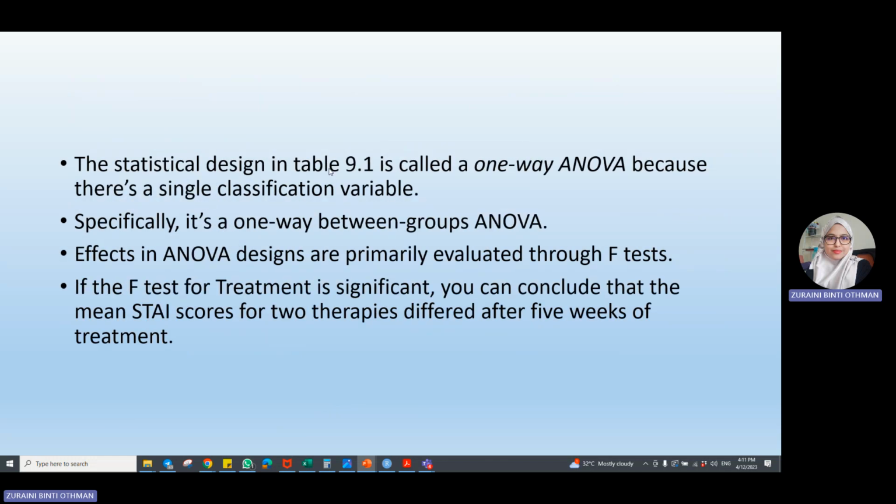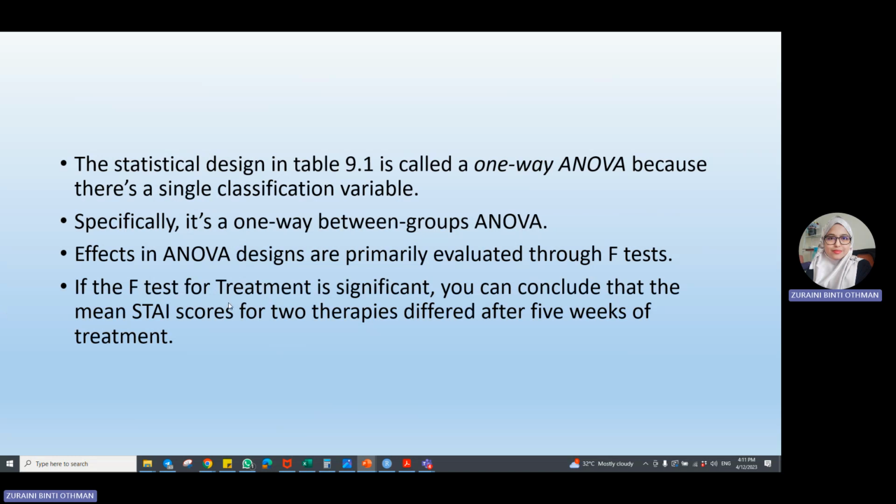Here, table 9.1 is called a one-way ANOVA because there is a single classification variable. Specifically, it is a one-way between-group ANOVA. This is table 9.1. Effects in ANOVA designs are primarily evaluated through F-tests.